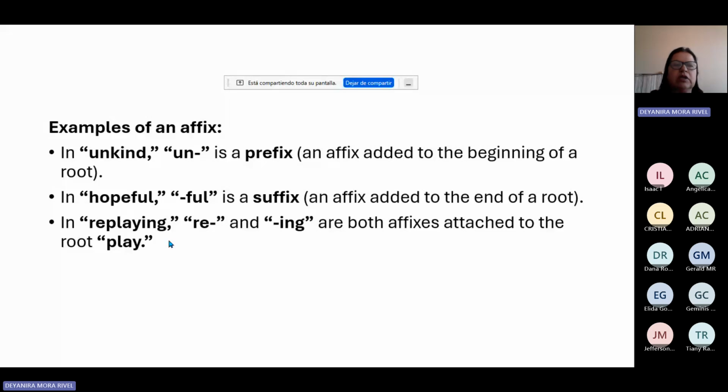Gerunds can be used in many ways, like they are playing. Or we can use it as a noun: playing is all he does every day. So we are changing the root play, and the ing is going to make it into another form of a verb in this case. Okay.